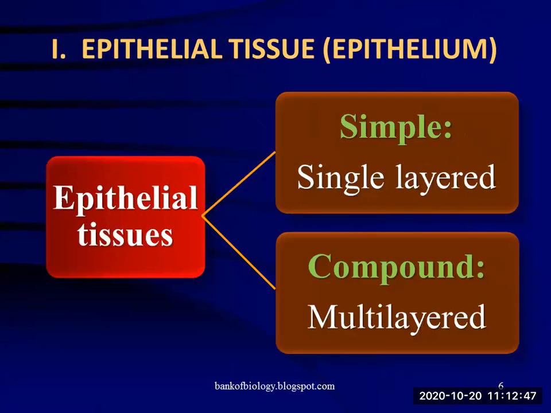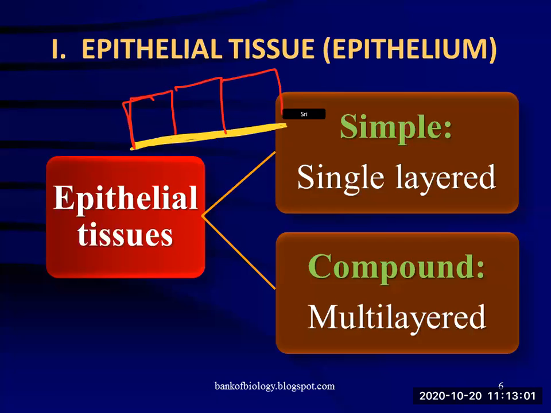Epithelial tissue is classified based on the presence of layers. We said already that all epithelial tissues lie on the basement membrane. If only one row of cells is present, we call it single layered, which is said to be simple epithelium.